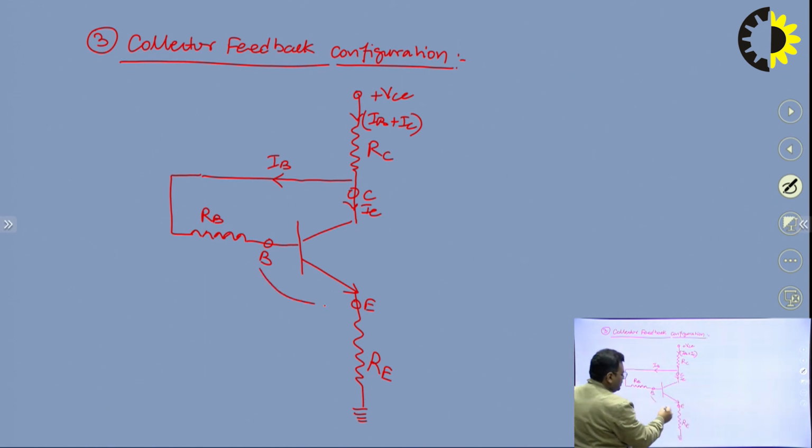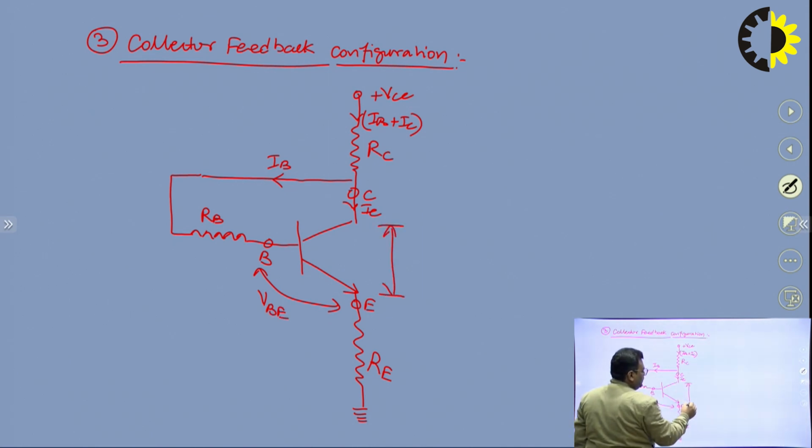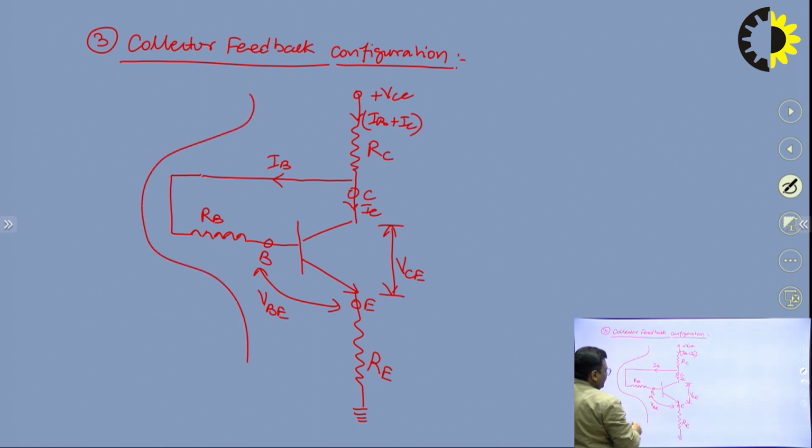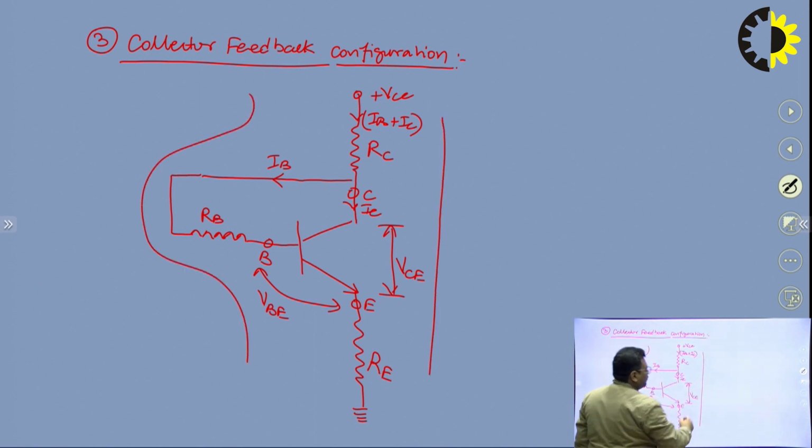And here the voltage drop will be VBE, and here the voltage drop will be VCE, right? So again we will apply KVL at input side and KVL at output side. So if you apply KVL at input side, what will we get?